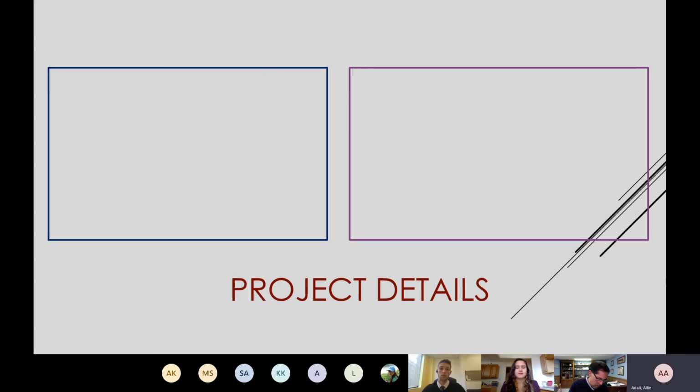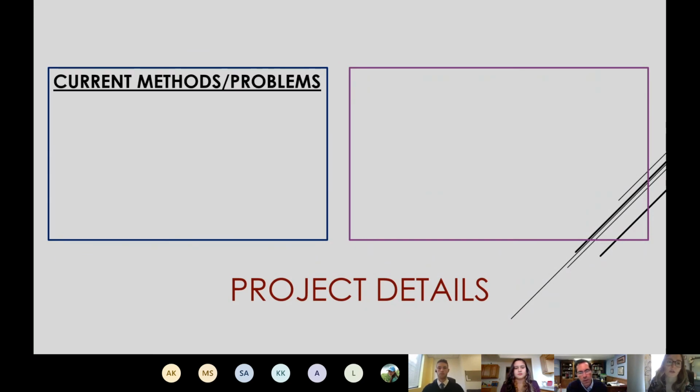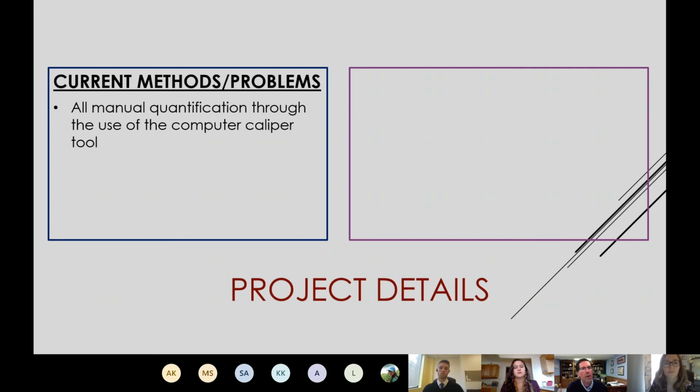So as Grayson mentioned, it is crucial for radiologists to determine the size of the intracranial aneurysm to see the severity of a patient's aneurysm and to determine their treatment plan. The current methods that are being used by radiologists is all manual quantification through the use of the computer caliper tool. So this introduces human error as well as it's not consistently reproducible.